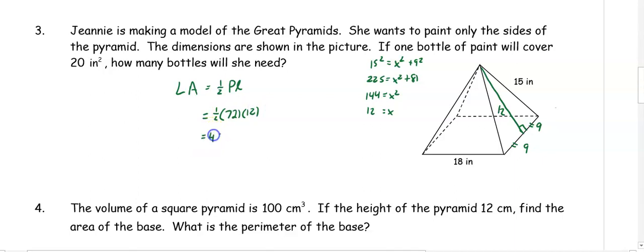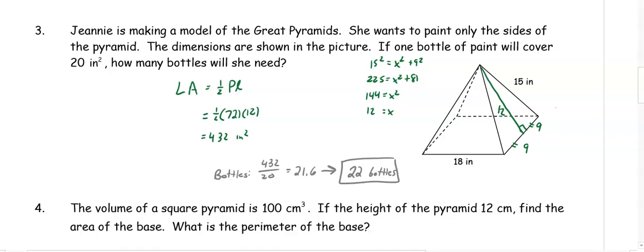And we get 432 inches squared. Now, we're not done yet because we want to figure out how many bottles of paint we will need. So we're going to divide the area by the coverage of 20 per bottle, which is 21.6. Remember, you can't buy part of a bottle, so she would need 22 bottles of paint.